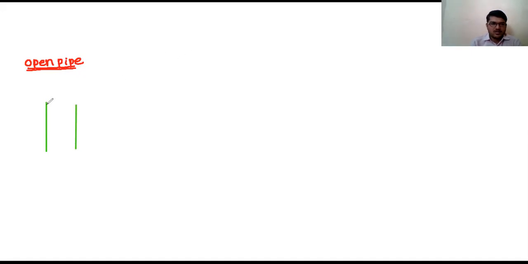It is open at both ends. Now assume this is the fundamental frequency in the case of this open pipe.